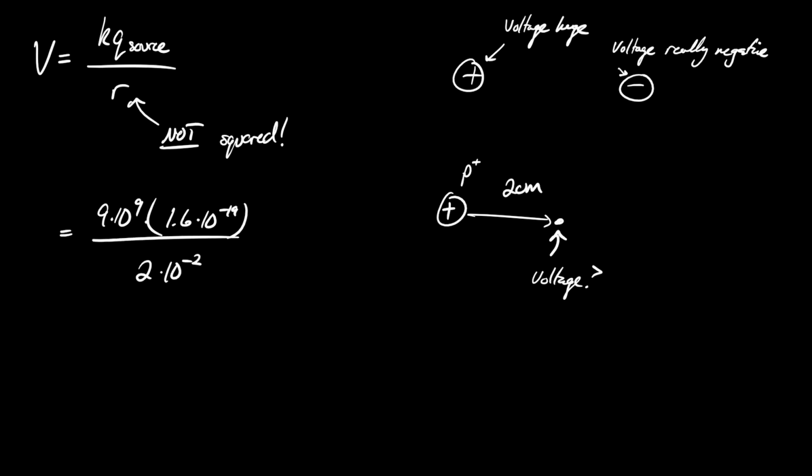Now remember, it's not the distance squared here. For voltage, it's just the distance. And I'm not even going to go through and cancel out these numbers. The units, though, I will say, are joules per coulomb, also called volts.